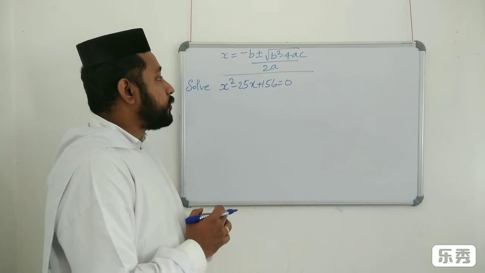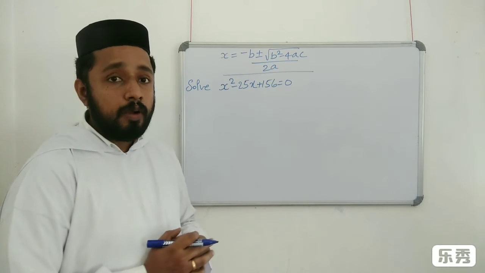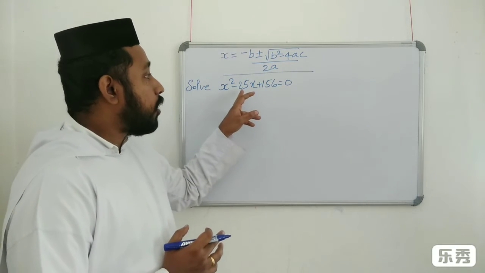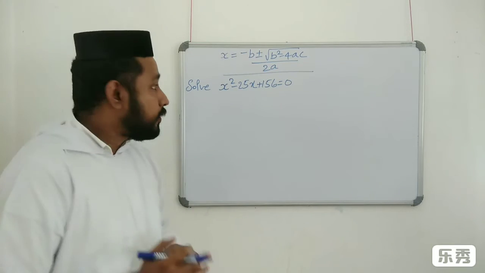x square minus 25x plus 156 is equal to 0. We are going to solve this equation by the method of quadratic formula.